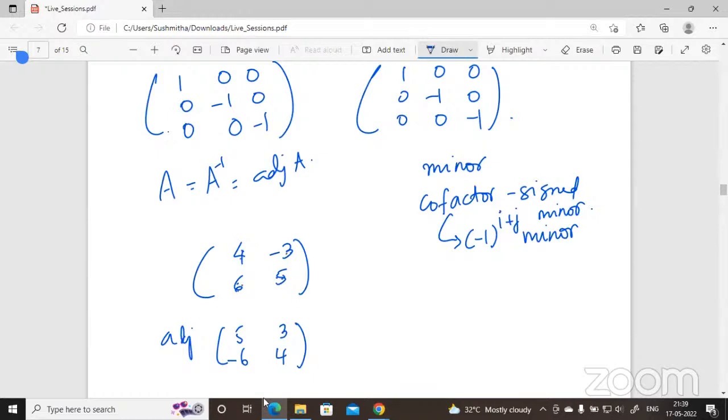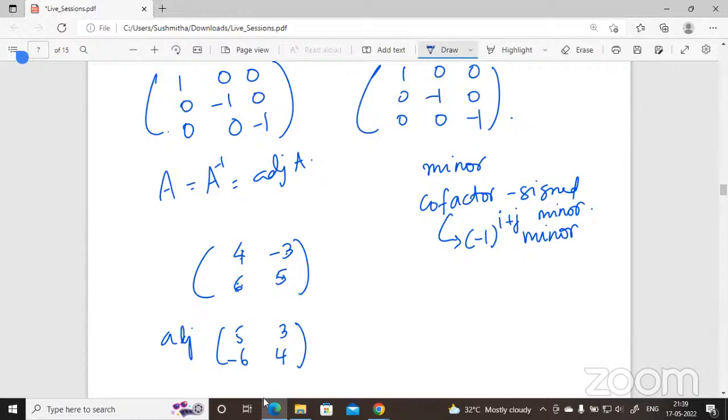And what to do in a 3 by 3 matrix? No, you cannot do anything like applying this. You have to calculate. There's nothing like this. Is it possible if I change the diamond shaped signs in a 3 by 3 matrix?